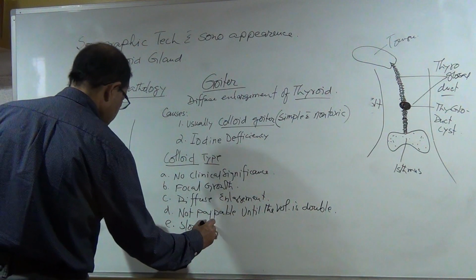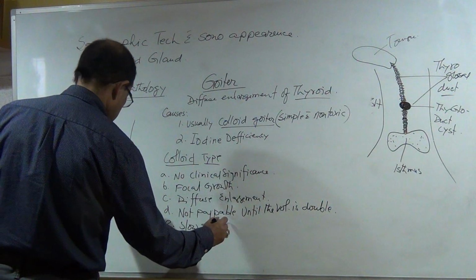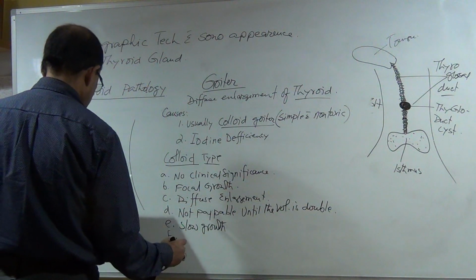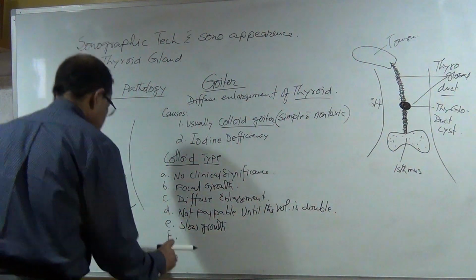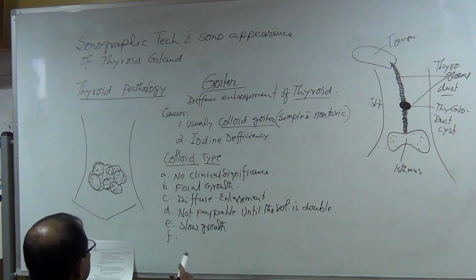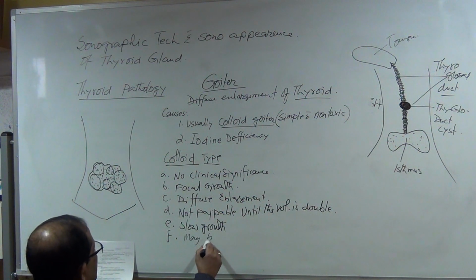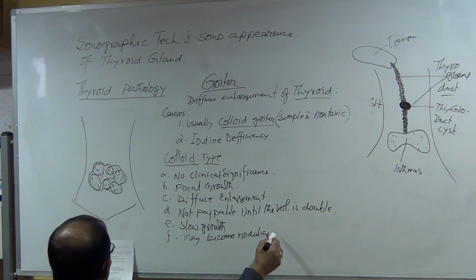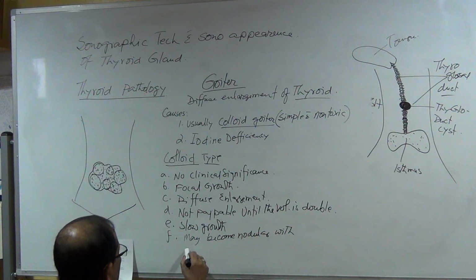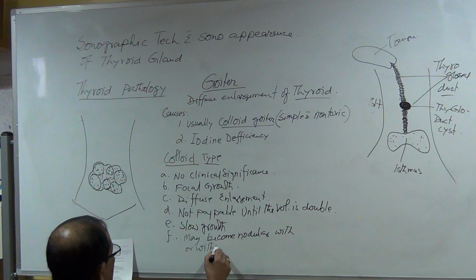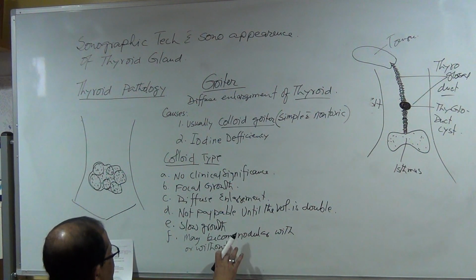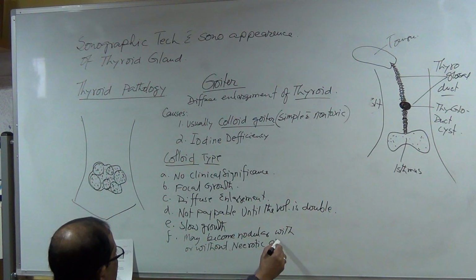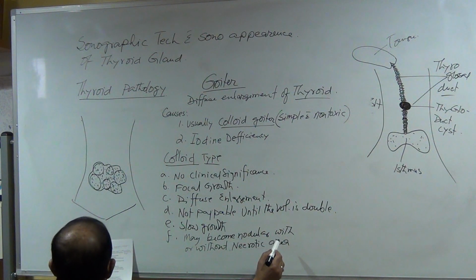Slow growth, may become nodular with or without necrotic area as it ages.